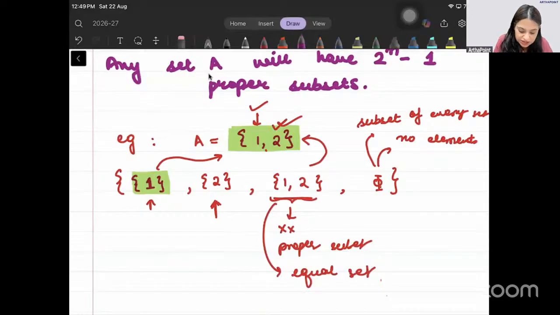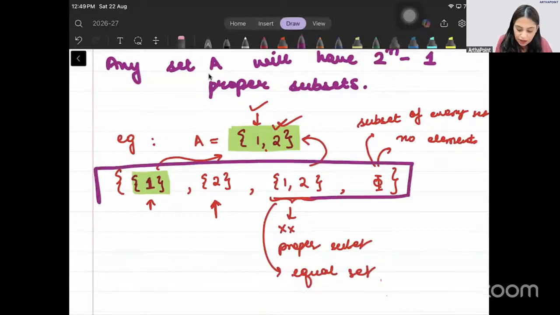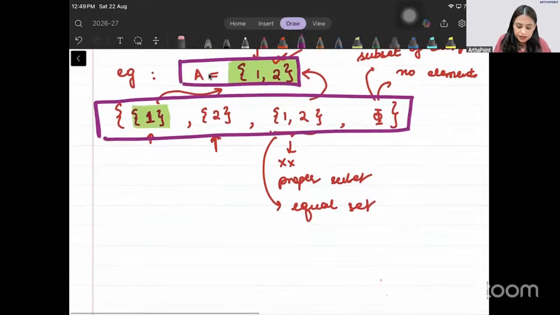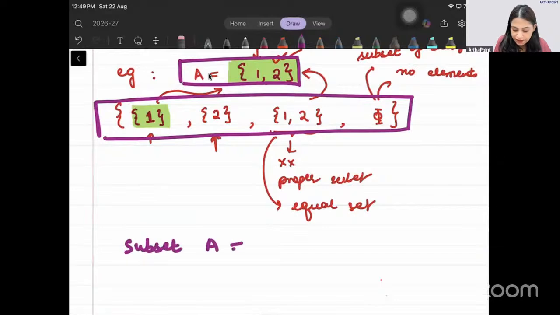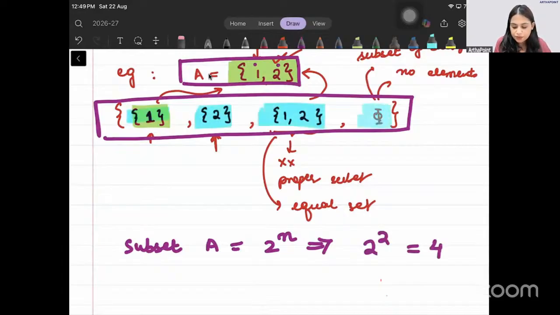So if I notice here in this example, how many subsets of A can be created? The number of subsets of A will be 2 to the power n, where n is the number of elements in it. So 2 to the power 2, that means 4. So we were able to create 4 subsets of A. And how many proper subsets will be there?